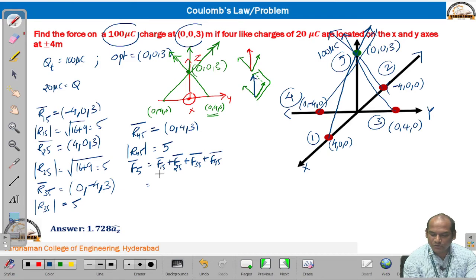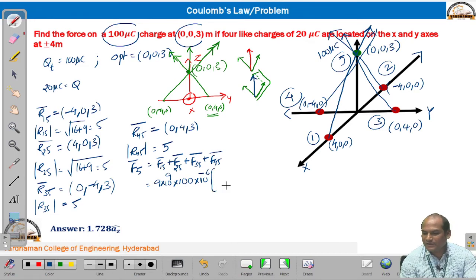It is equal to, in everything you will be having 1 by 4 pi epsilon, that is 9 into 10 power 9, and in everything you will be having the test charge, that is 100 microcoulomb, that also I am writing here. So, these two I have taken common. Then in F15 you will be having the charge Q1, that is 20 microcoulomb, the second one is also 20 microcoulomb, and the third one is also 20 microcoulomb only. So, that also we can take common.